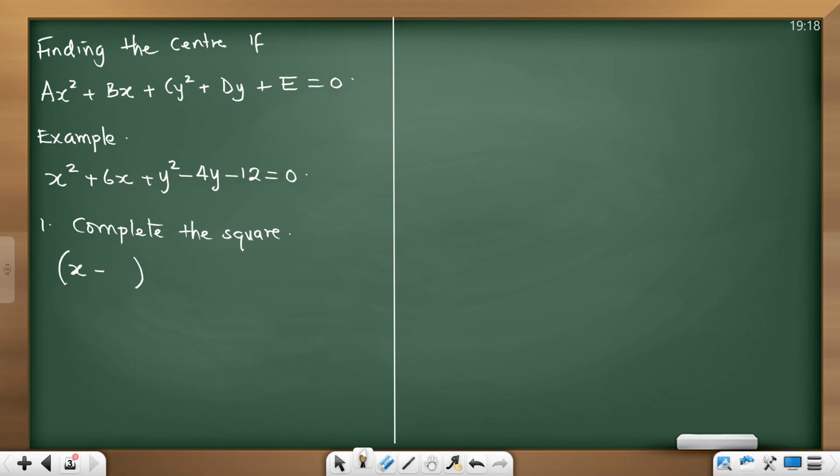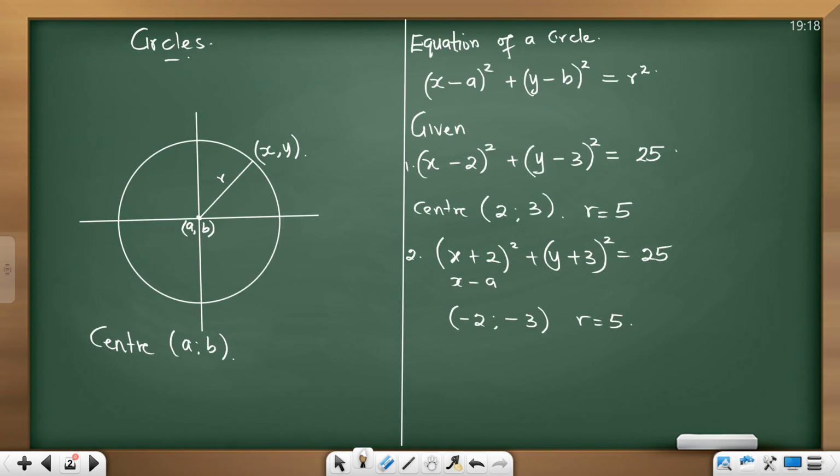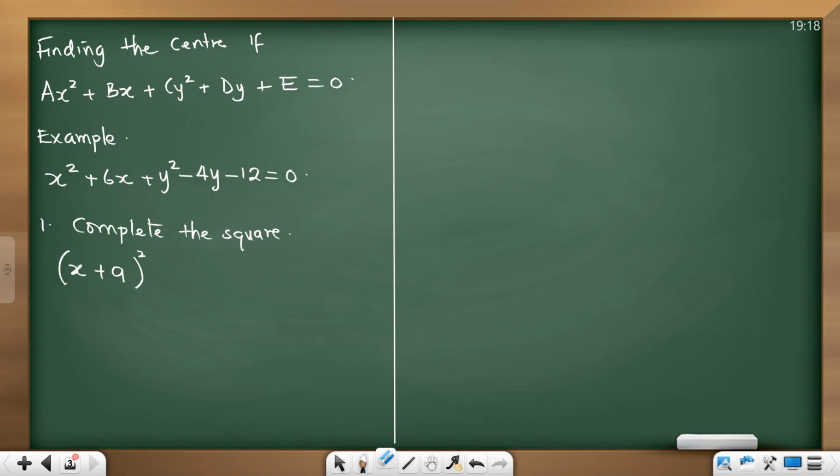What is the equation of our circle again? x minus a. So whenever I complete the square, my equation looks like this. You don't have to show all the funny steps, that was grade 11. So look at what I'm going to do. I'm going to open my brackets quickly.